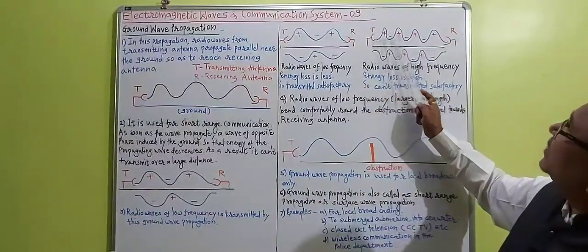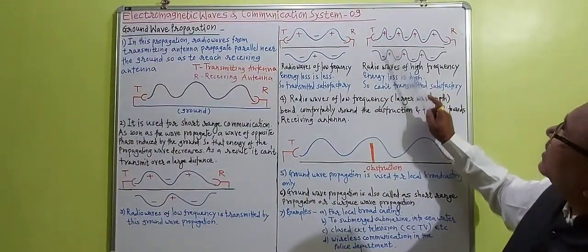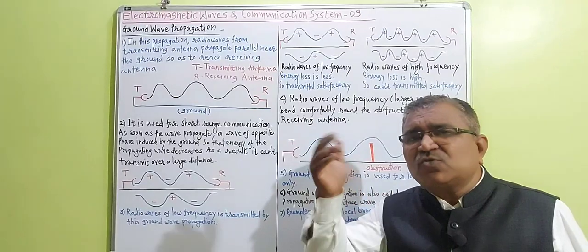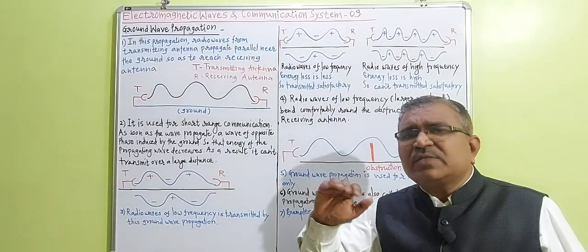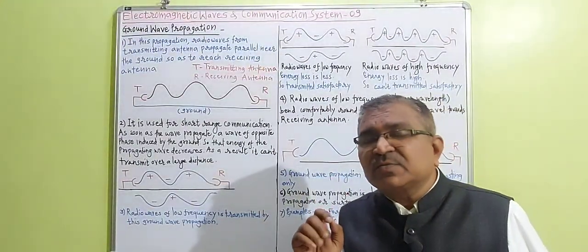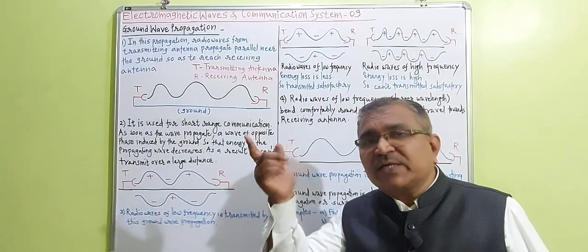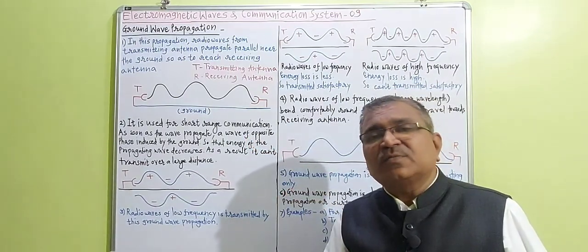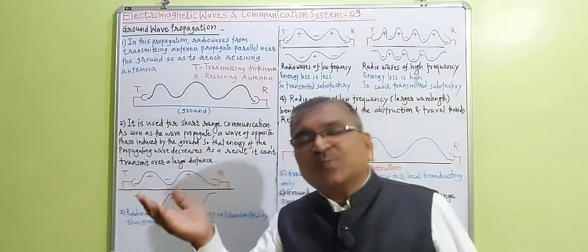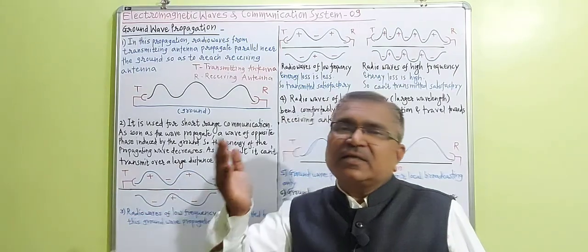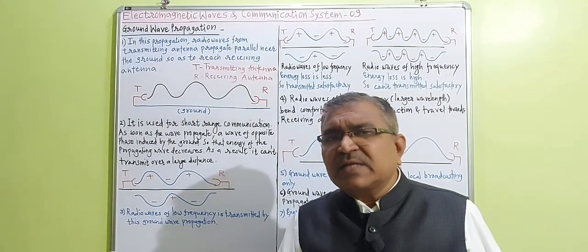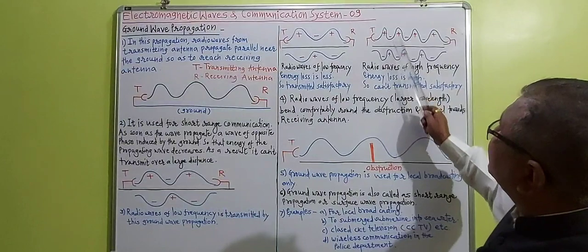So what happens here? If the frequency is higher, then plus minus, minus plus, plus minus, minus plus. That means the combination of positive, negative, negative, positive increases. Coupling increases between the positive polarity of the propagating wave and the negative polarity of the induced wave, and coupling of the negative polarity of the propagating wave and the positive polarity of the induced wave increases.